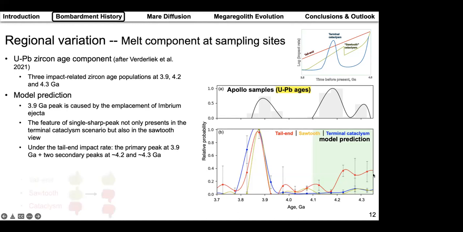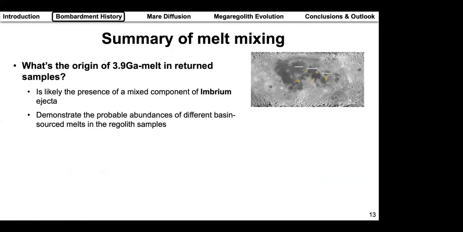So this result suggests that, at least with the data that we have now from the samples, the actual data support the tail end more than the sawtooth and the cataclysm. So with this model, by understanding the evolution of melt materials, we are now able to help interpret lunar samples.